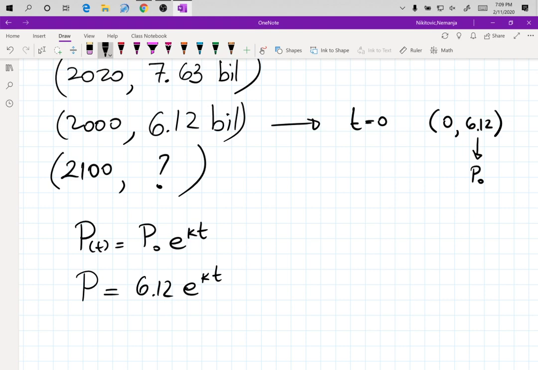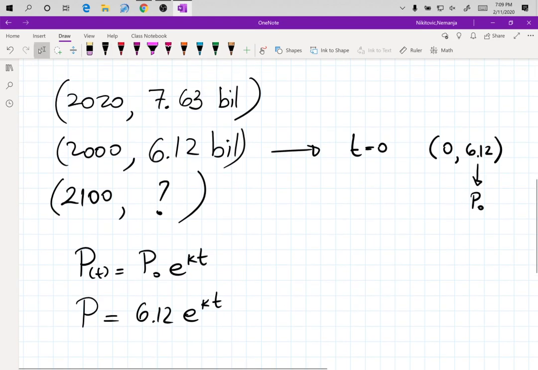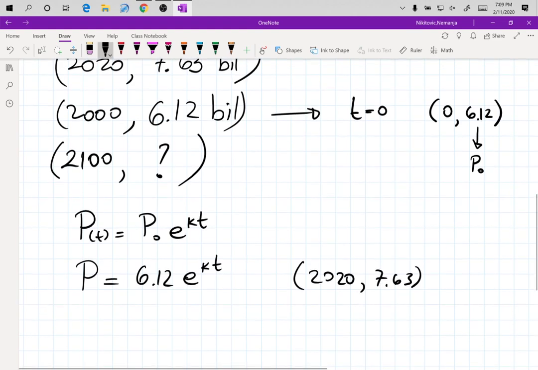I need k. Yes? So would you do P is the population in 2020 and T is 20? Excellent. Yes. We are going to use 2020, 7.63, exactly as you said, 20, 7.63.